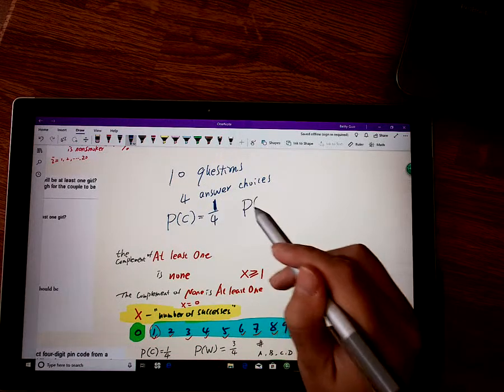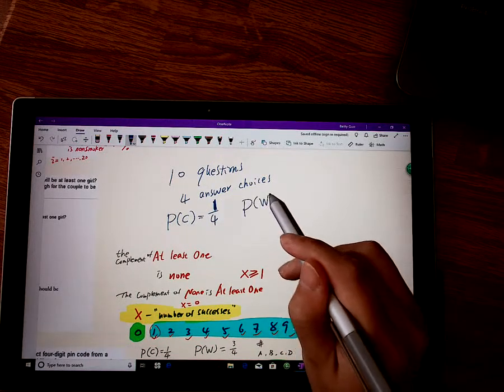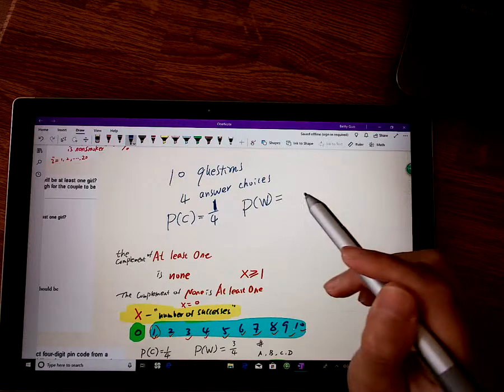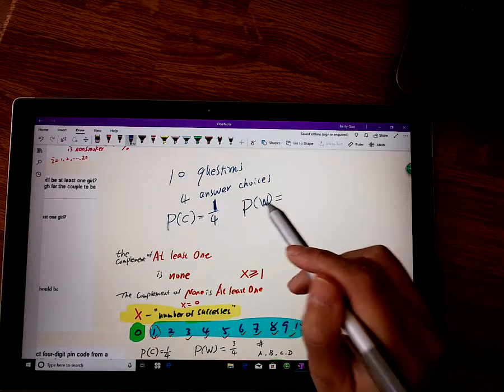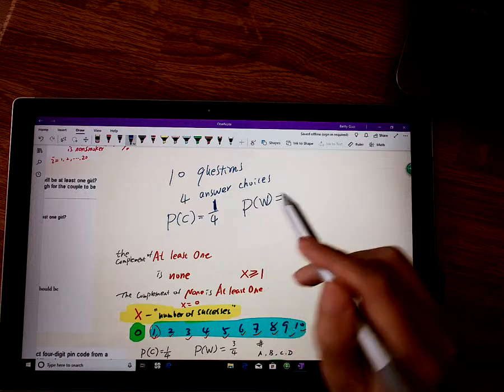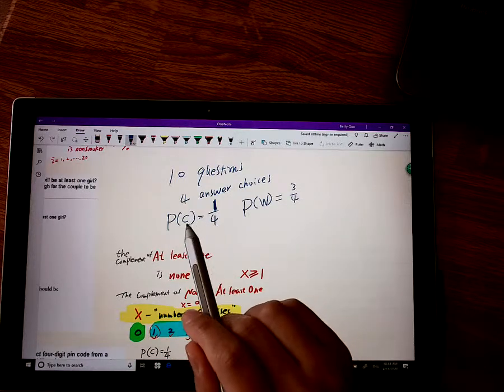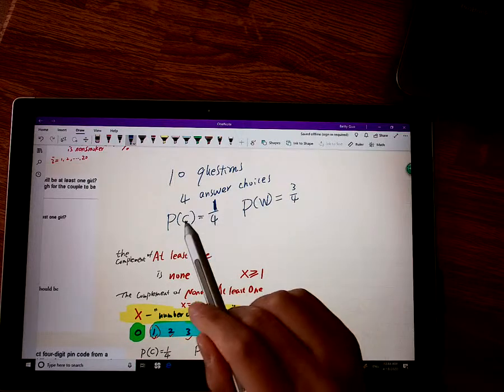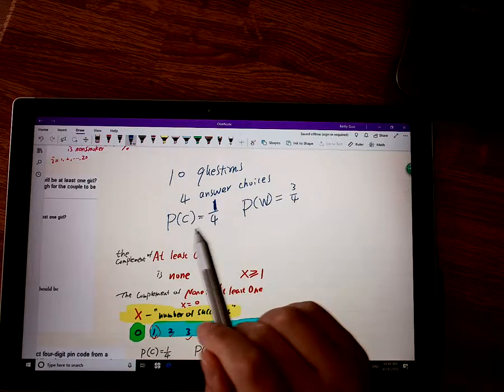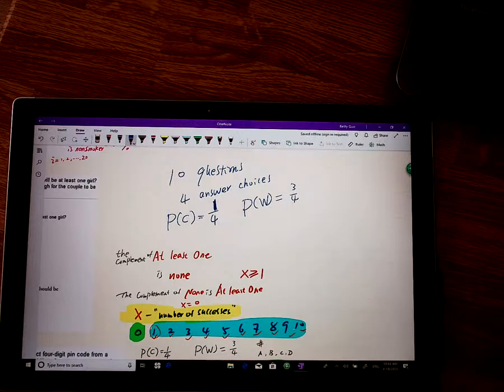Then what's the probability that you guess the question incorrectly? W here represents wrong. You get it wrong by guessing, then that is 3 over 4. Because for each question, you either get it right or you get it wrong. They are complementary, so the two probabilities are supposed to add up to 1.